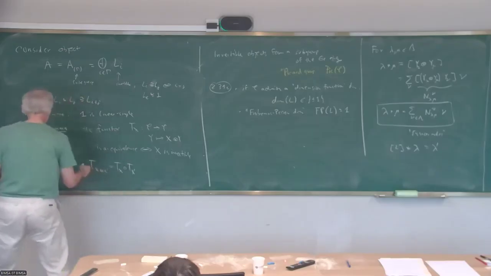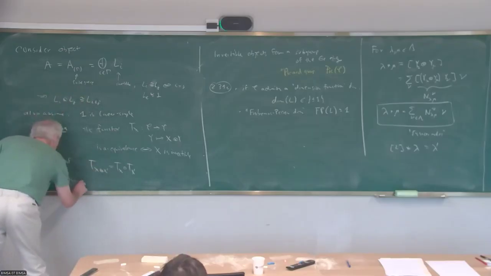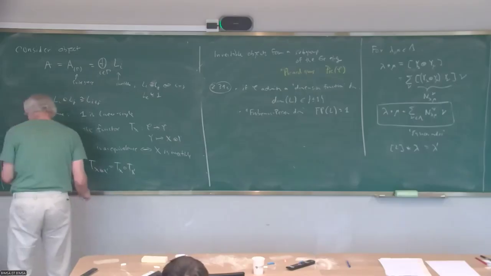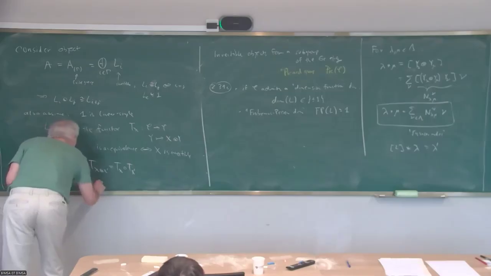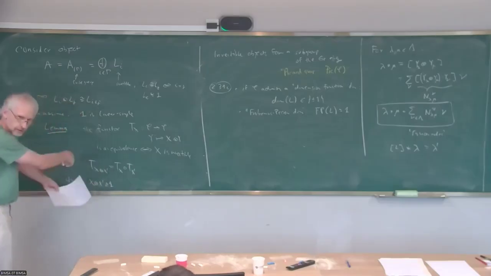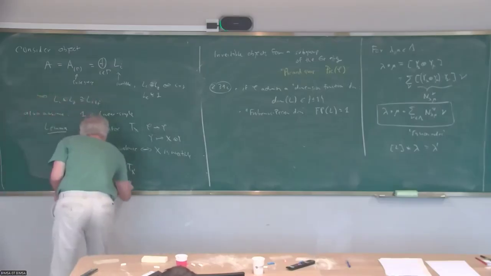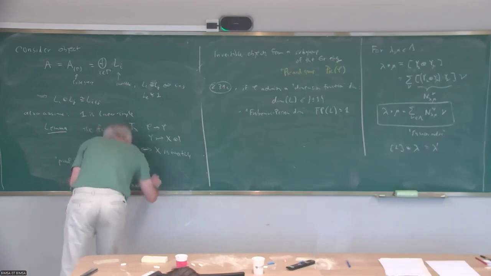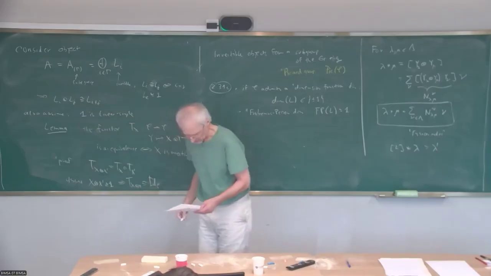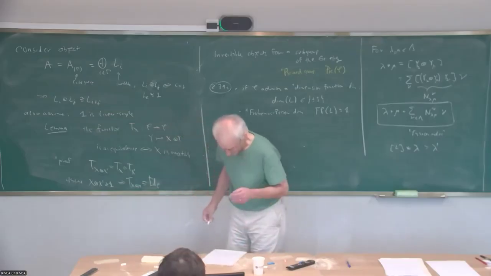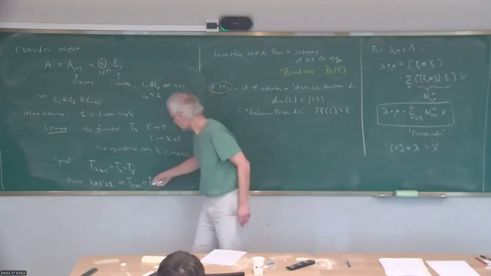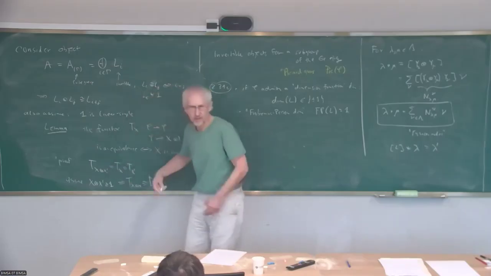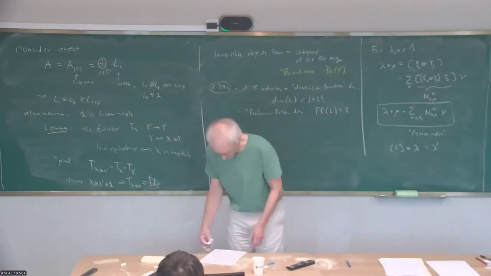But now if you go in one direction, if you assume that X tensor X prime is isomorphic to 1, so X is an invertible object, therefore there is X prime, then it follows that T of X tensor X prime is isomorphic to the identity functor on C, and that means in particular it's an autoequivalence, and because of this composition here, also T_X itself has to be an equivalence.